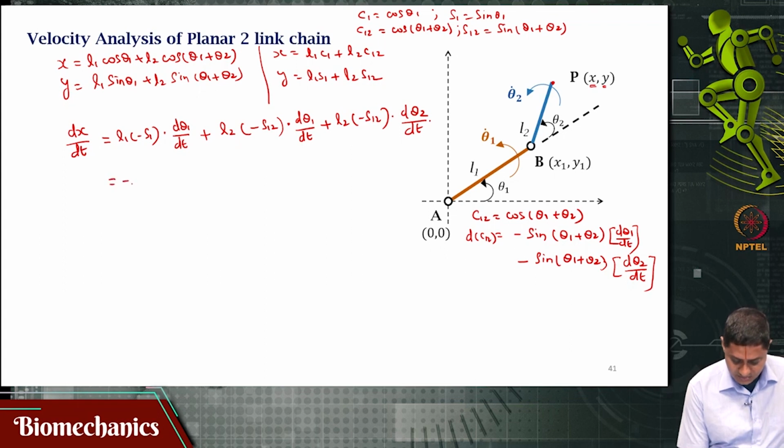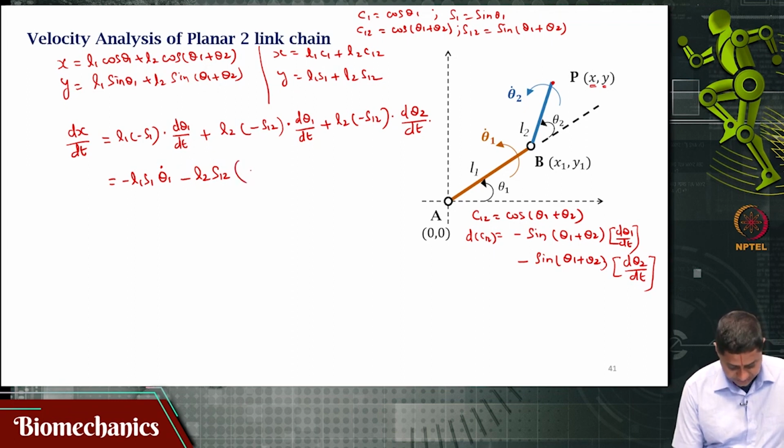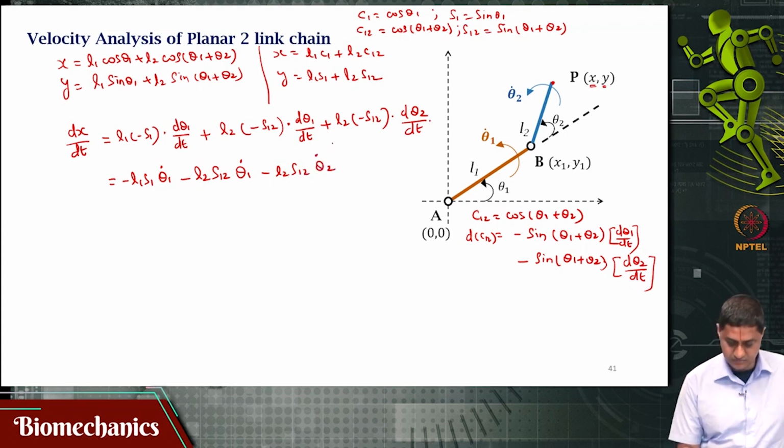This is minus L1 S1 times theta 1 dot, minus L2 S12 times theta 1 dot, minus L2 S12 times theta 2 dot.